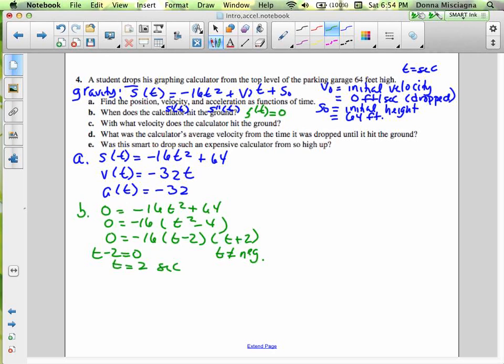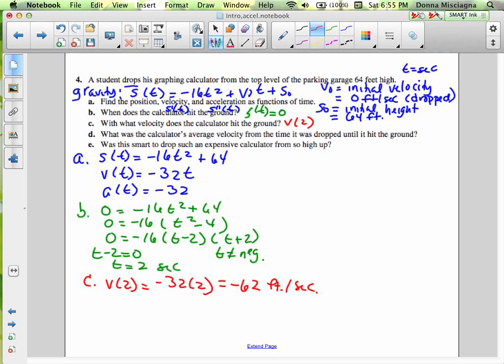We now want to know the velocity with which the calculator hits the ground. In other words, we want to find v of 2, because that's how long it takes for the calculator to hit the ground. So v of 2 equals negative 32 times 2, excuse me, equals negative 64 feet per second.